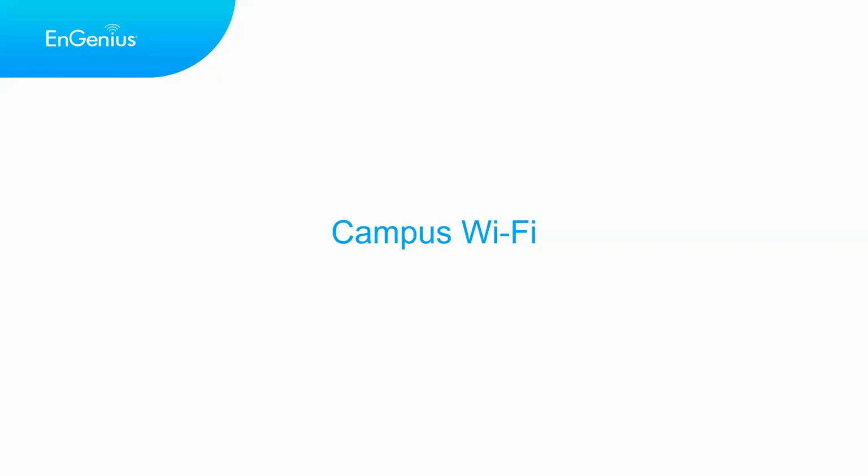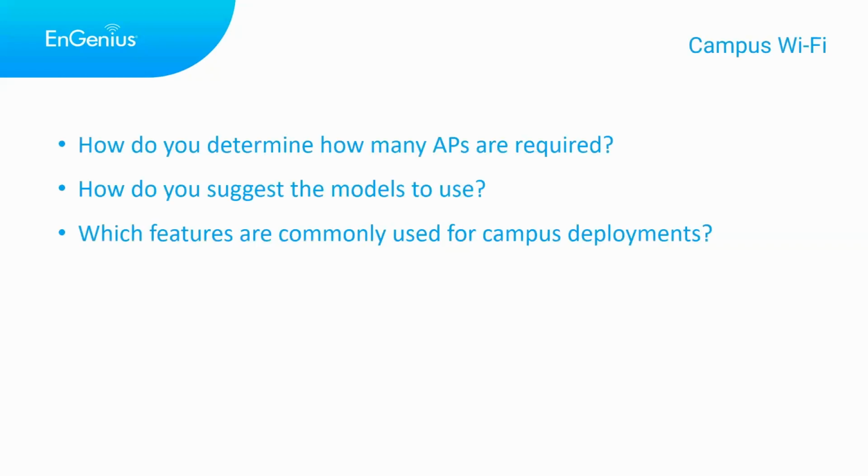Okay, so for campus Wi-Fi, how do you start the deployment? What would you need? Let's say you're going to offer some products to the client, or maybe they have some requirements, but you're not sure which model to position. Usually for campus Wi-Fi, you need to determine how many APs are required, because campuses or universities are very large sites. You may need over 100 access points, switches, and maybe a gateway as well.